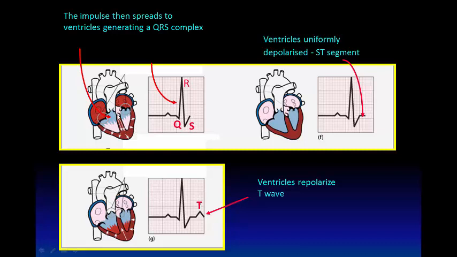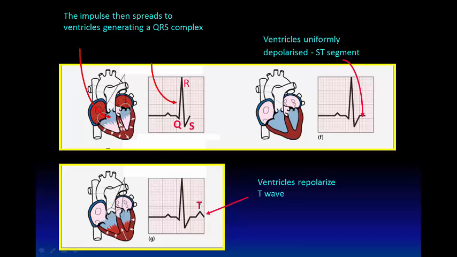The first part of the ventricle to get depolarized is the interventricular septum, and it is depolarized by the left bundle branch. Thus, the polarization of the interventricular septum moves from left to right.